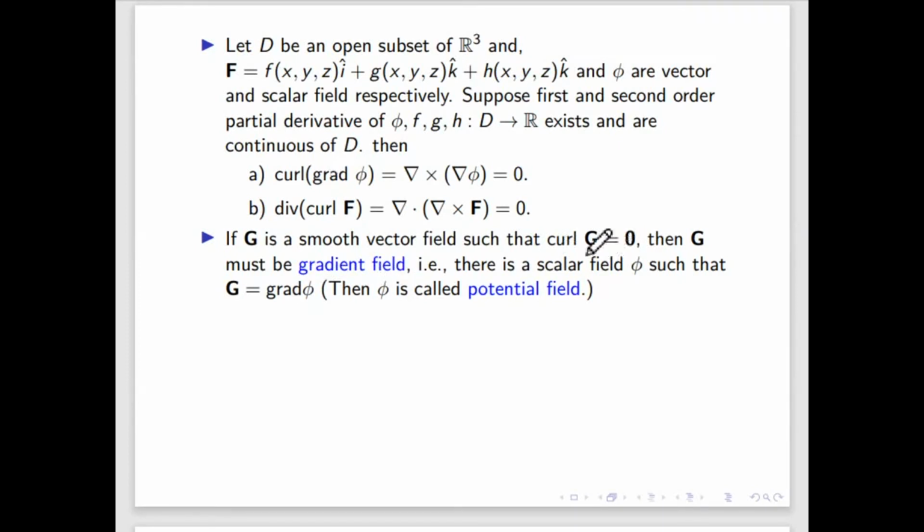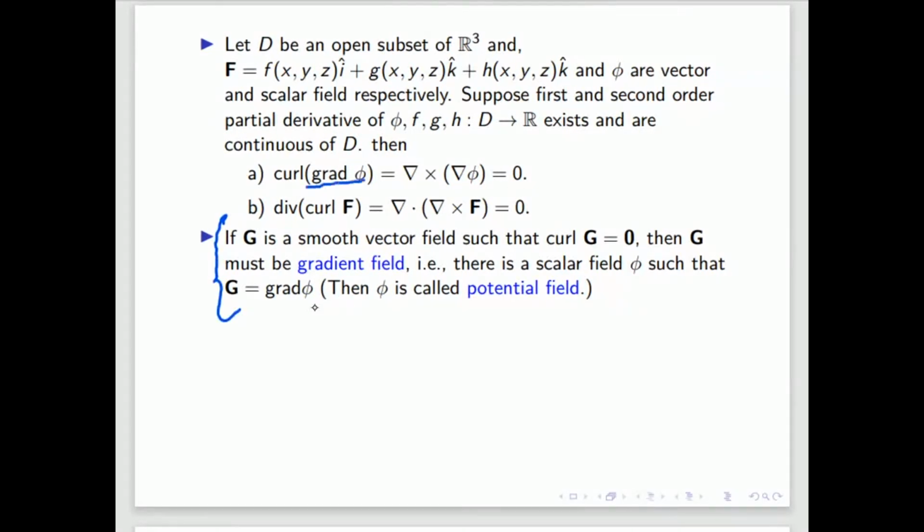That means there exists a scalar phi such that g equals grad phi, from result 1, because curl of grad phi is 0. And if this happens, then phi is called the potential field.